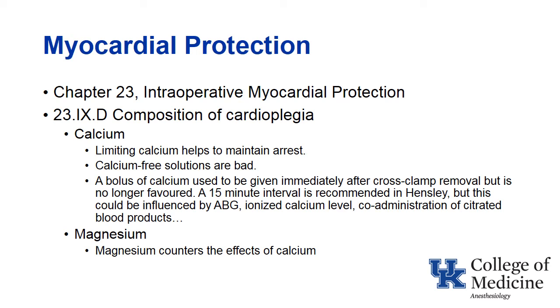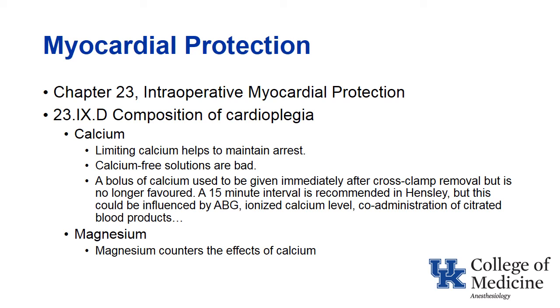Now, as far as calcium is concerned, it's felt that limiting the calcium helps to maintain arrest. Cardioplegic solutions that are calcium free are bad, and while it used to be routine for calcium to be given immediately after cross clamp removal, this is no longer favored.